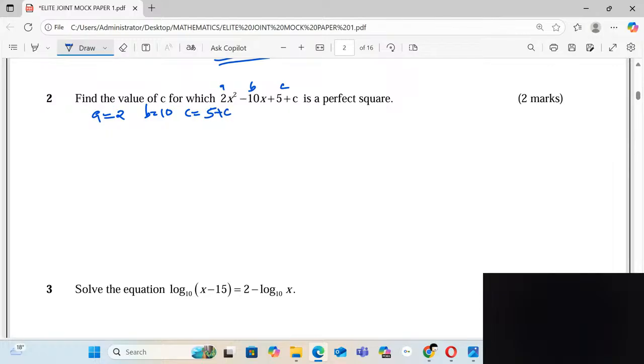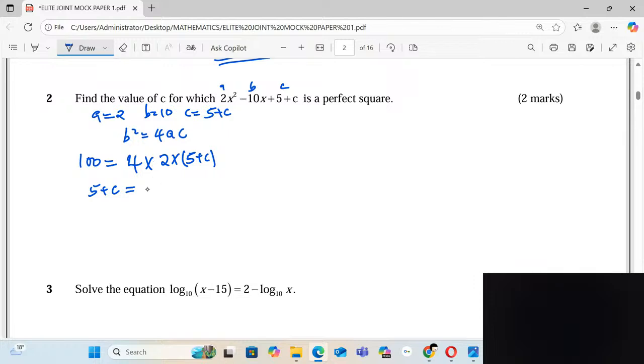Now b squared is equal to 4ac. We have b as 10, so 10 squared, which is 100, will be equal to 4 times a, which is 2, times c, which is 5 plus c. We want to find the value of c now.